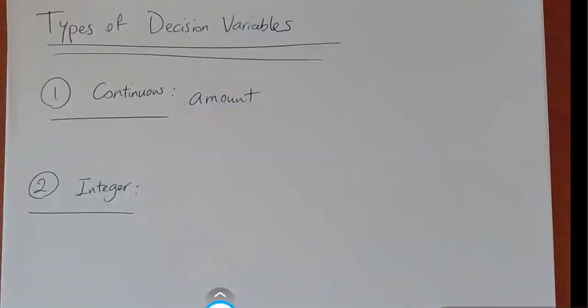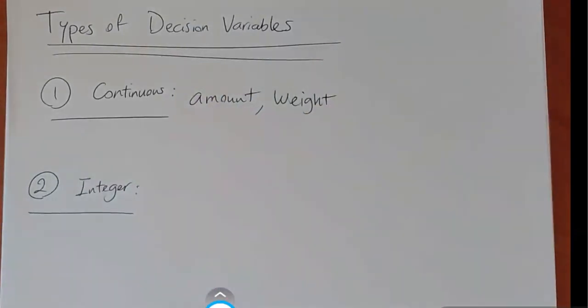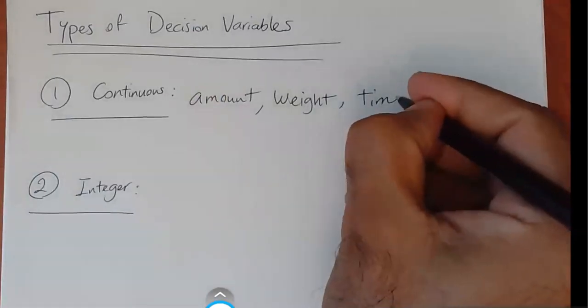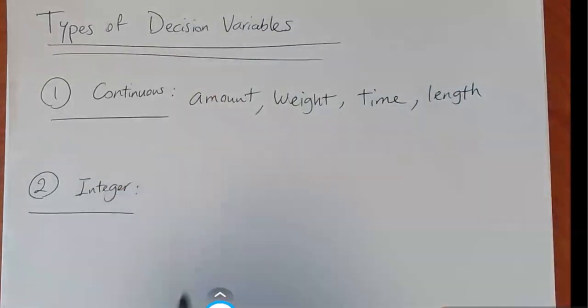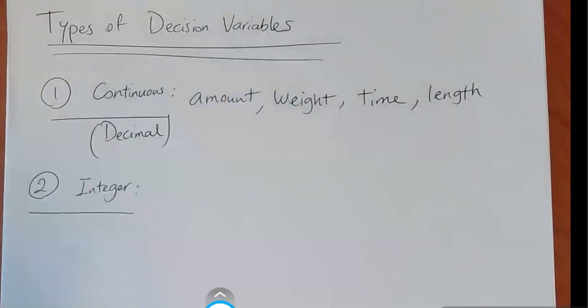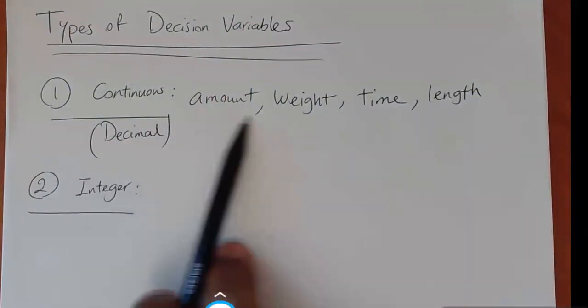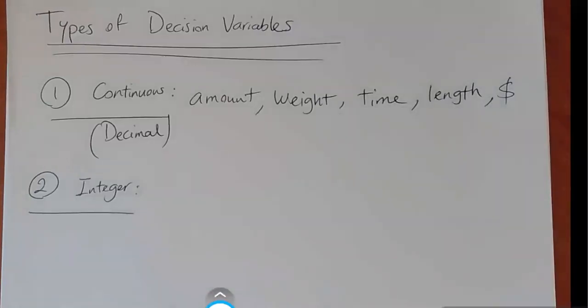Let's say the amount of water, the amount of food that you can produce, if we have weight, and if we are talking about time, the length, right, when they can take decimal values. So these are the values that can take on a dollar amount, right? So these are examples of continuous variables.